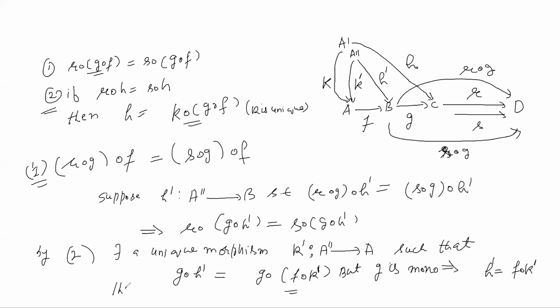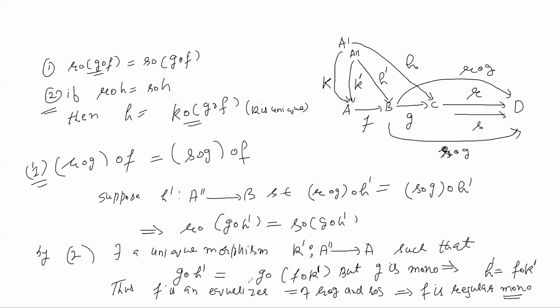So thus F is an equalizer of R composition G and S composition G. So this means F is a regular monomorphism. So we are through.